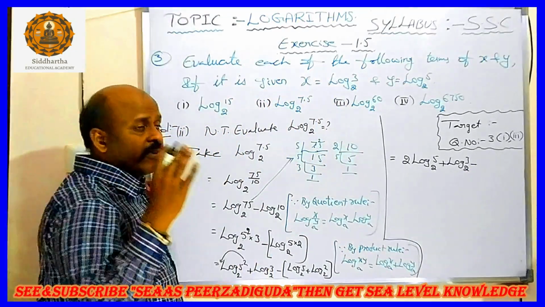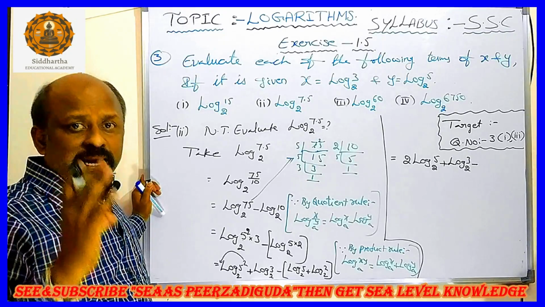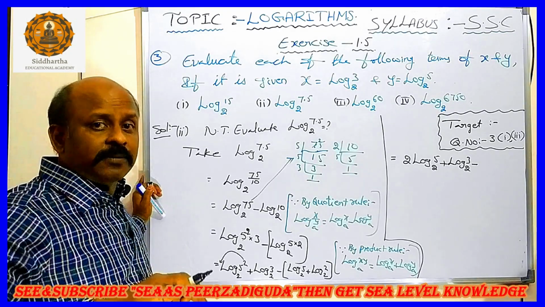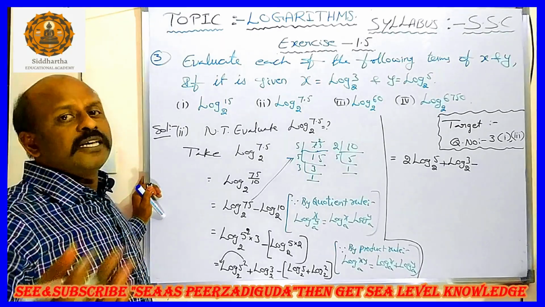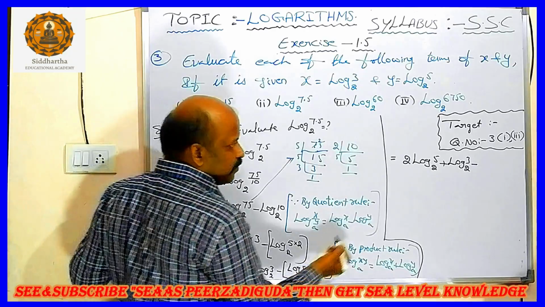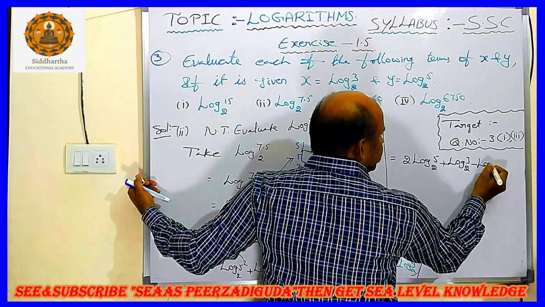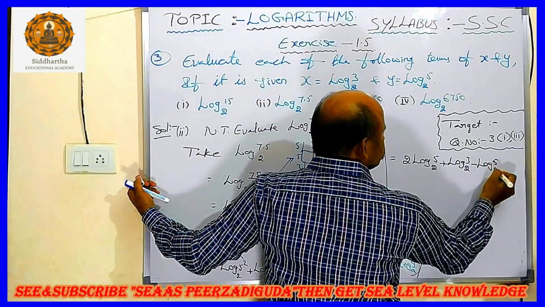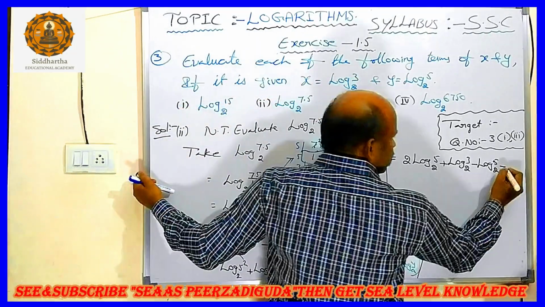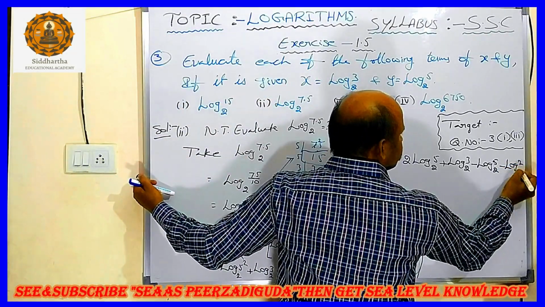Whenever we remove the brackets, if a minus symbol is before the bracket, we have to change the signs. Here plus log 5 base 2 becomes minus log 5 base 2. Again minus of plus is minus log 2 base 2.